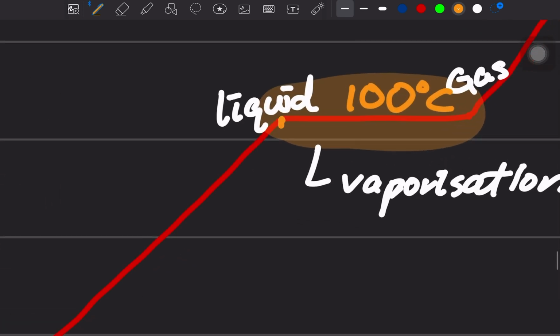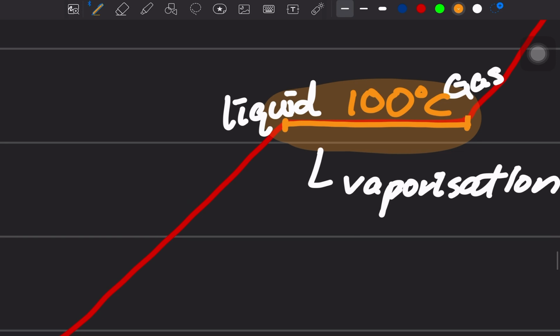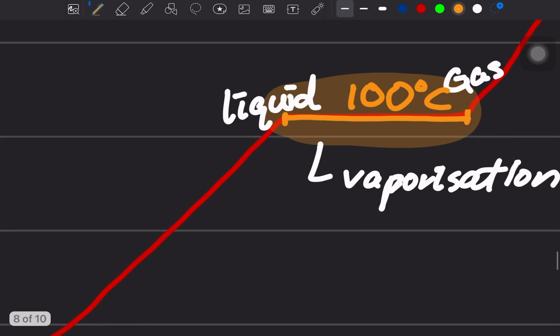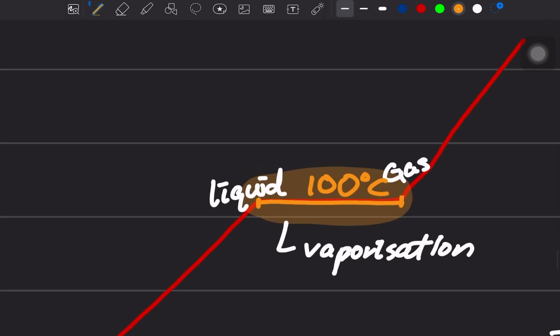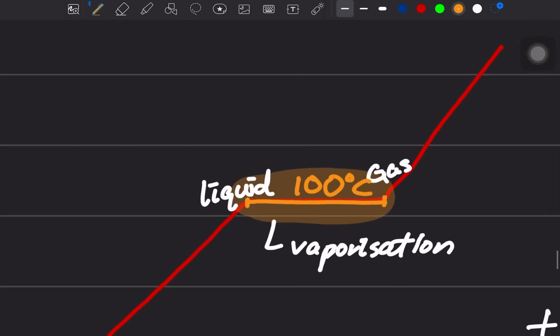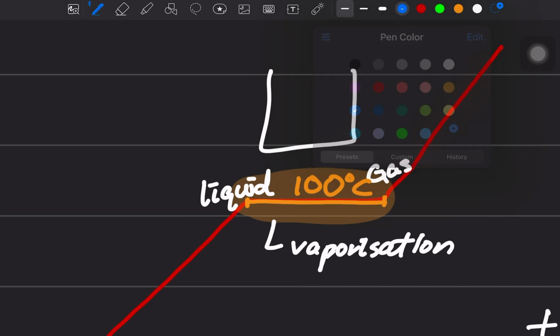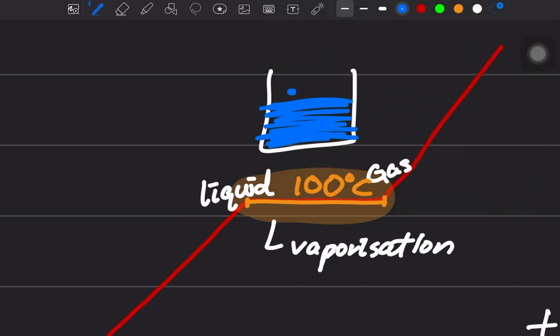So if you notice, in this entire period right here, in this time interval, the matter we have right now, which is a mixture of liquid and gas, would look something like this. Imagine this is the water, and the gas is releasing out, just evaporating.